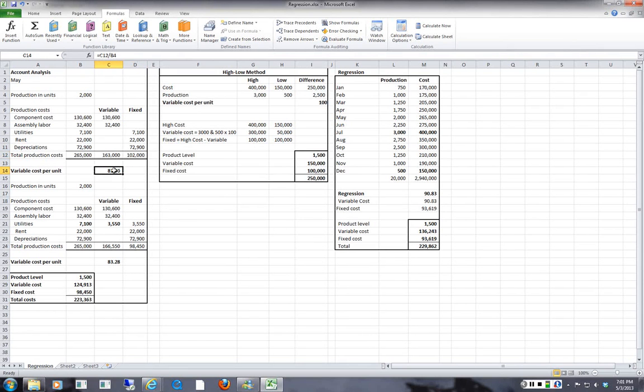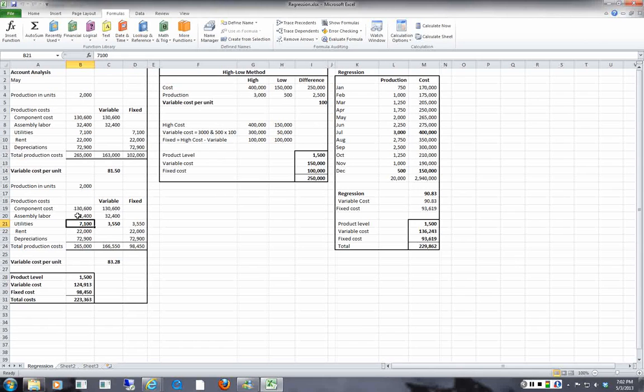Now I take that variable cost and divide it by the 2,000 units of production, so that I come up with the variable cost per unit of $81.50. But then the text goes on to say, as we got into analyzing the accounts, the utilities became suspect. We thought that might be mixed between variable and fixed cost.